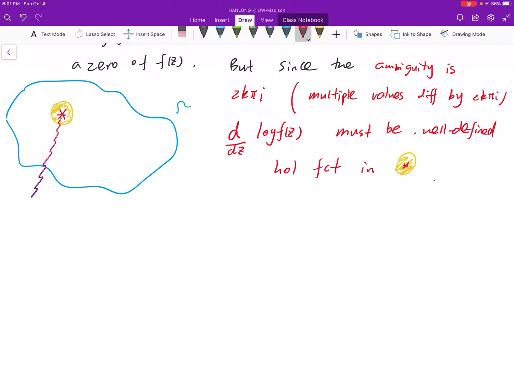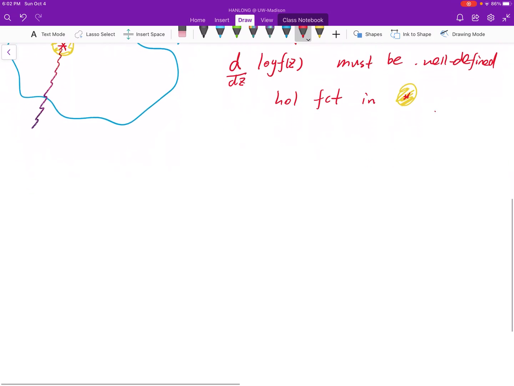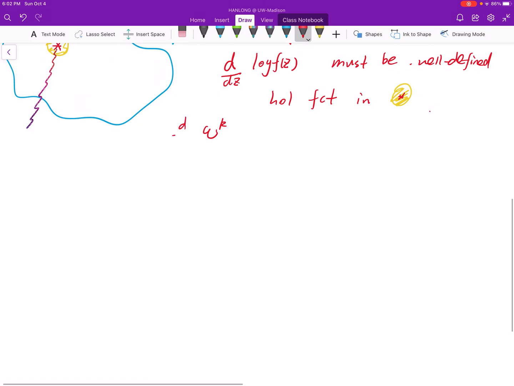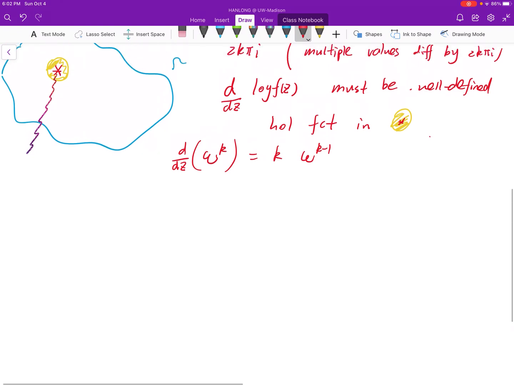For the power function, the ambiguity is not 2k pi i; it changes from point to point. So even if you take a derivative, you still have ambiguity: omega to the k, the derivative still gives k omega to the k minus 1. So if k is not an integer, the derivative is still not well defined in the full neighborhood. So that's a difference.